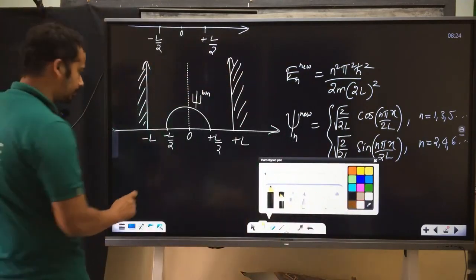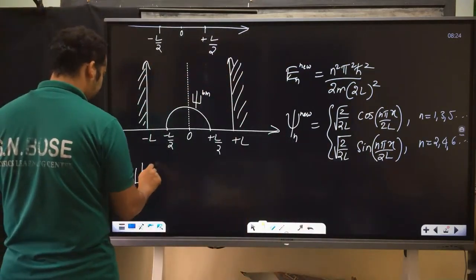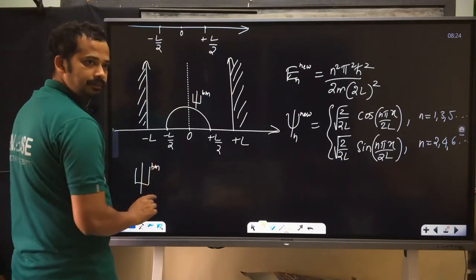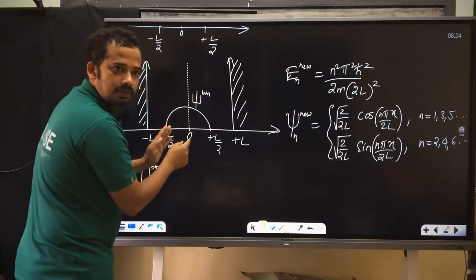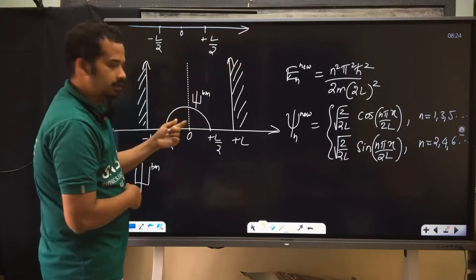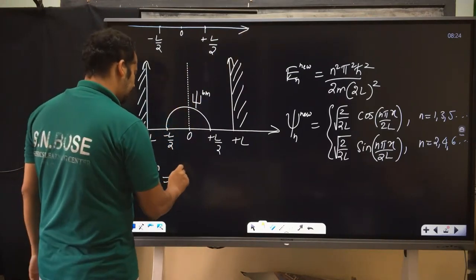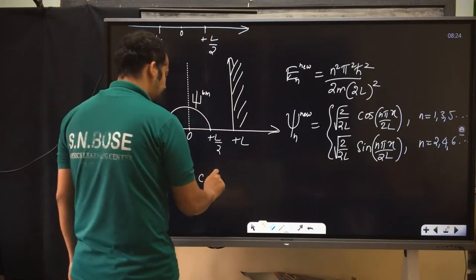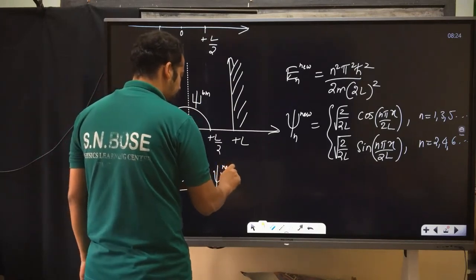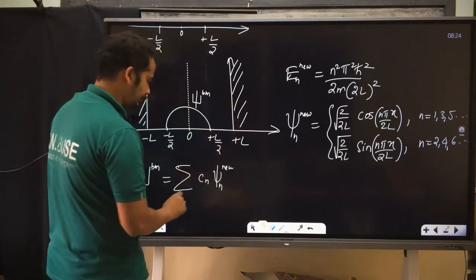Whatever you have, that was this function cos pi x by L from minus L by 2 to plus L by 2. That can be expanded as sum of Cn into psi n new.